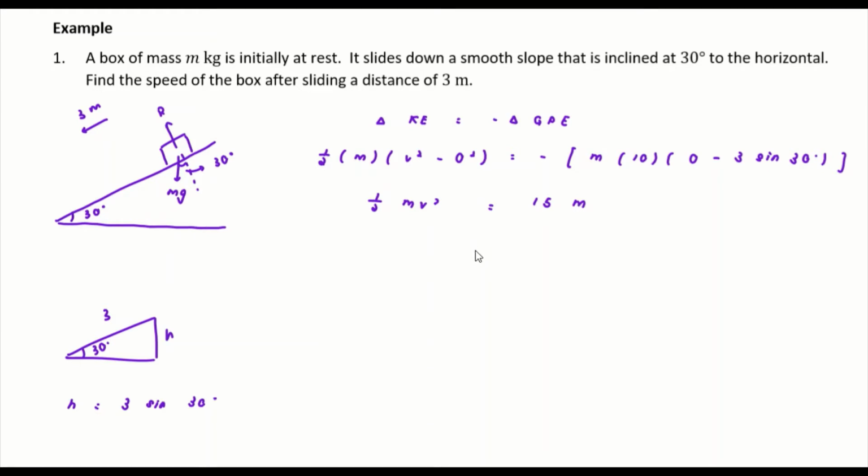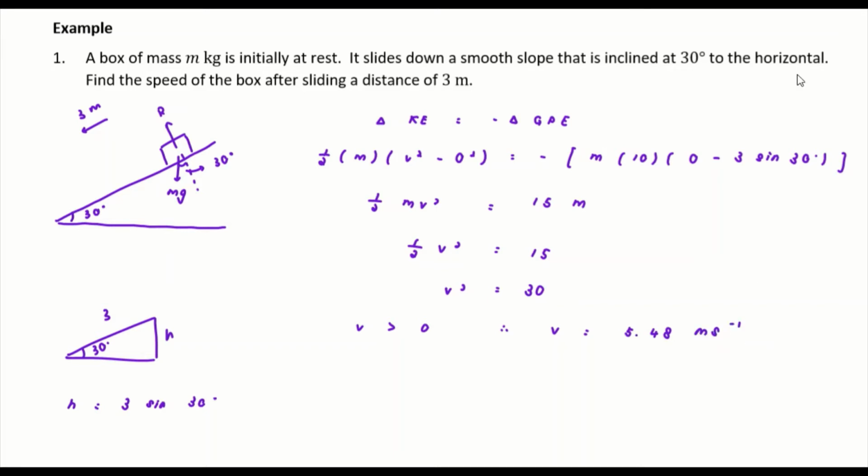Okay, so now let's move on. So you have m and m, so you can just eliminate them. So we have half v squared equal to 15, and that gives us v squared equal to 30. So v is the speed, so we only take the positive side, which is 5.48 meters per second.